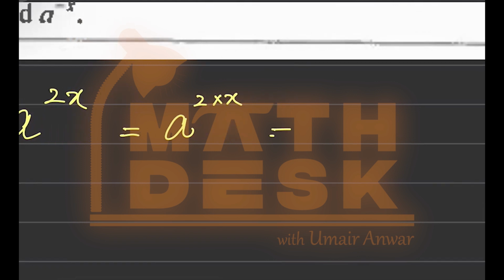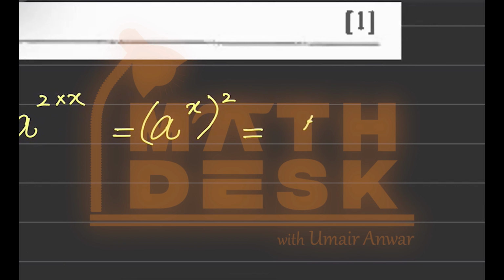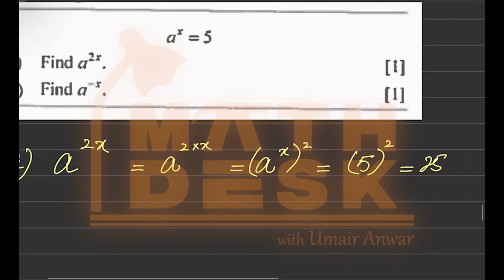We could also write it as the first index multiplied by the second index squared. Since a raised to x is equal to 5, 5 could be replaced in place of a raised to x. This within the bracket is replaced as 5. So 5 squared would give us the answer as 25 for this part.